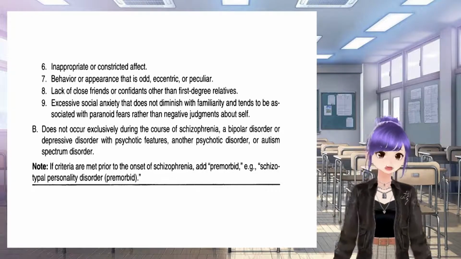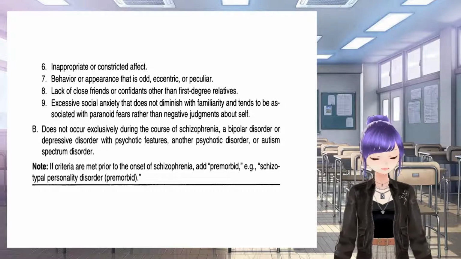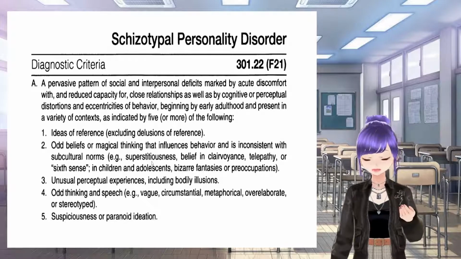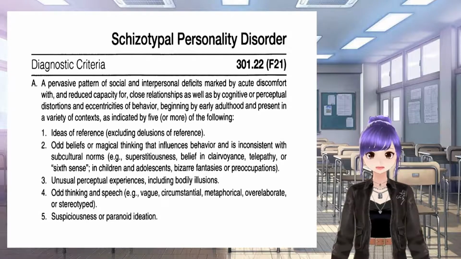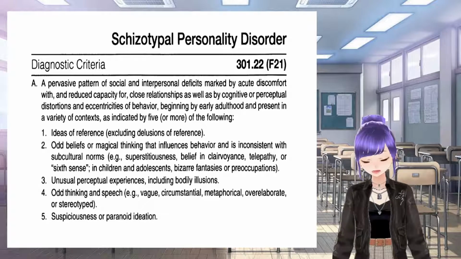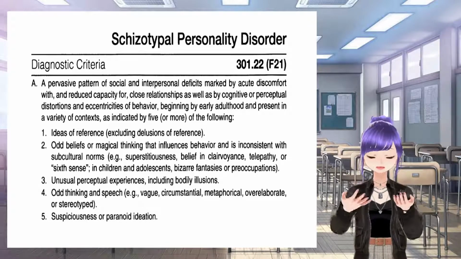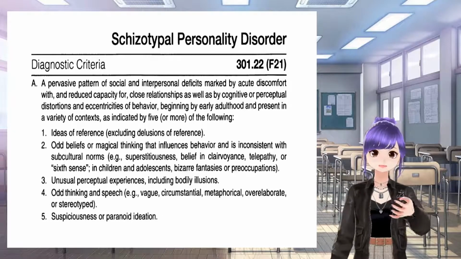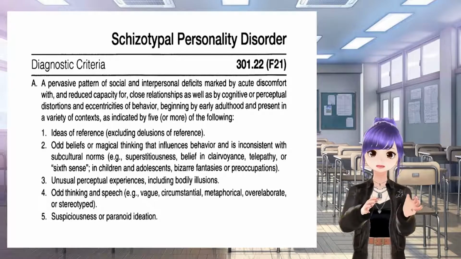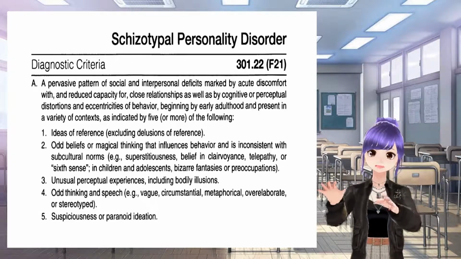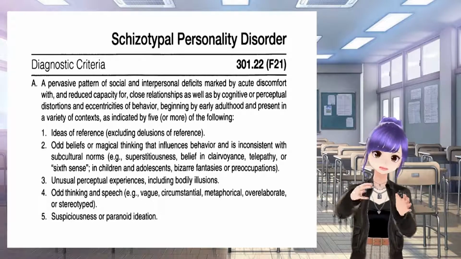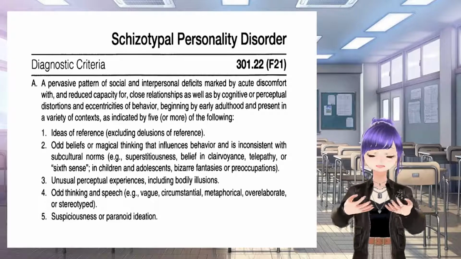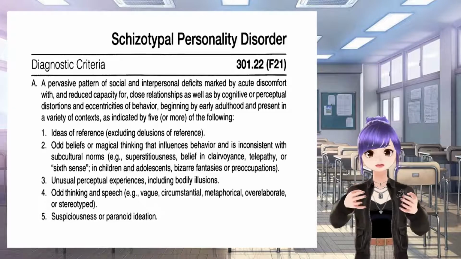Okay, so as you can see, schizotypal personality disorder is characterized by a lack of social interaction or isolation, anxiety in social situations, and of course, odd and eccentric behavior. So that's the difference between schizoid and schizotypal. In schizotypal, they have odd beliefs and behaviors, and they usually have magical thinking.